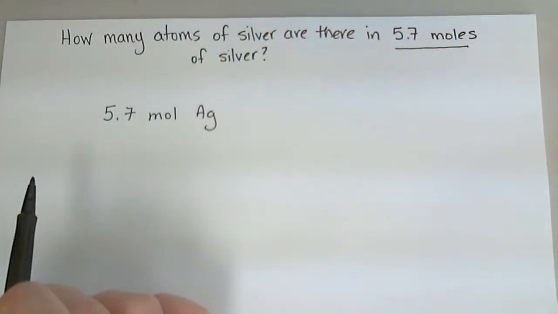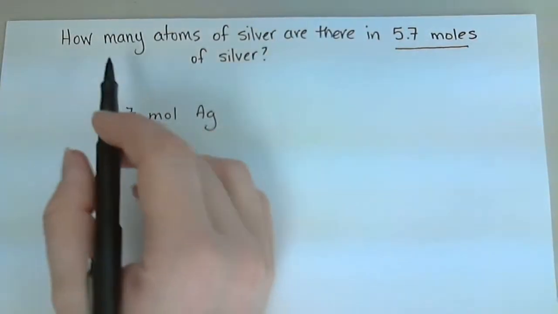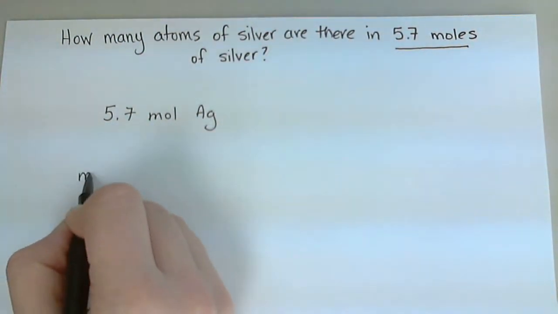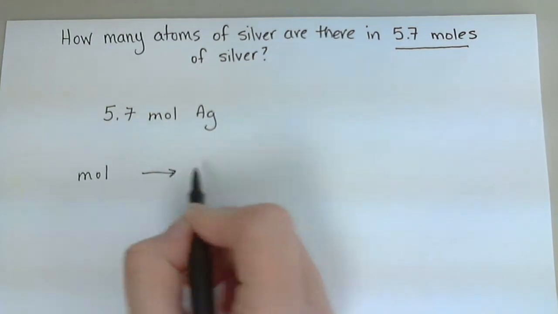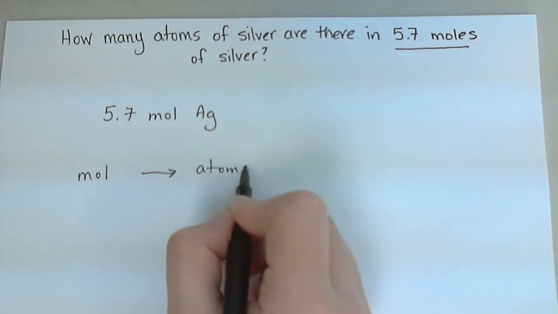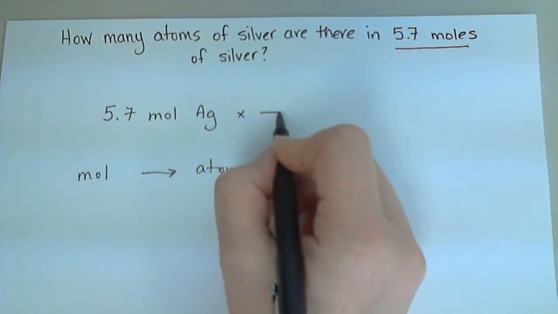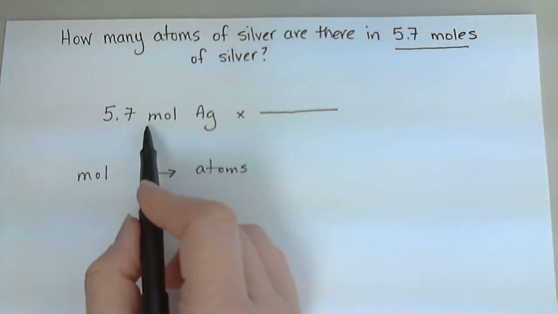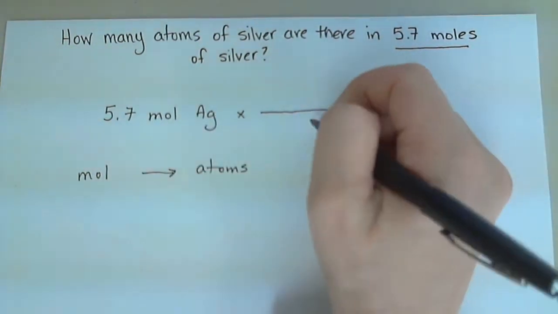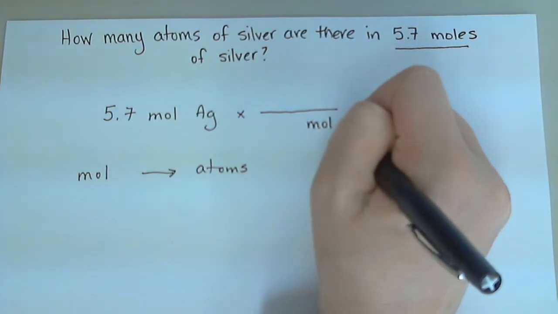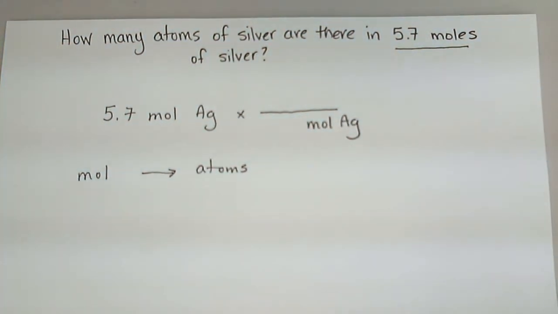Now, if we pause to think about this, or if we map it out, hopefully we can recognize that we're given moles and we're trying to go to atoms. As I set up my conversion factor, what I want to recognize is that I have moles of silver up top here, which means that regardless of whatever else happens, moles of silver has to go on the bottom here.